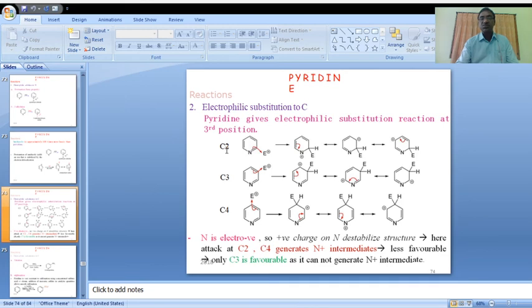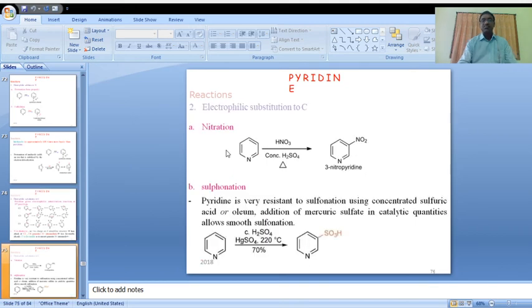Now let us go to a suitable example for this reaction. Here, please concentrate on these two examples of electrophilic substitution reactions. First we will discuss nitration.